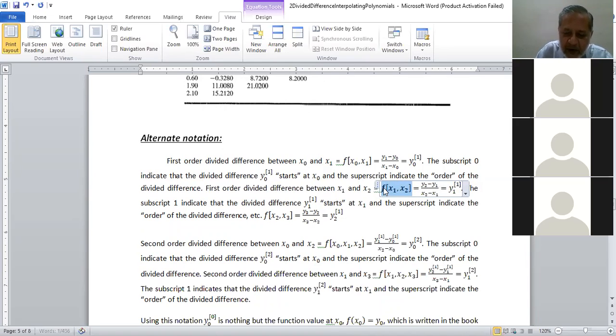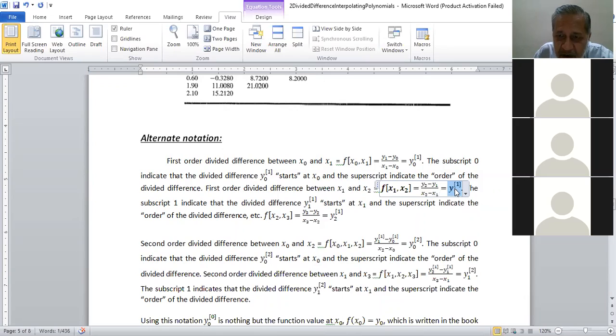So this is one notation which is frequently used in the book, and this is the notation that we use more because we are lazy people. If this notation is used, that means we are talking about divided difference between the point x1 y1 and x2 y2, and its value is given by this.